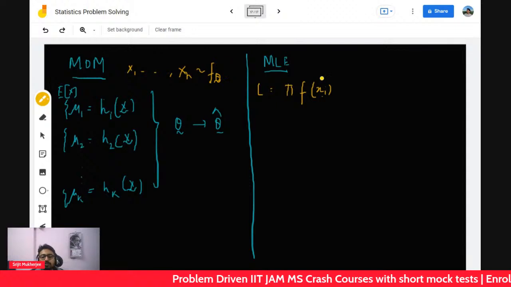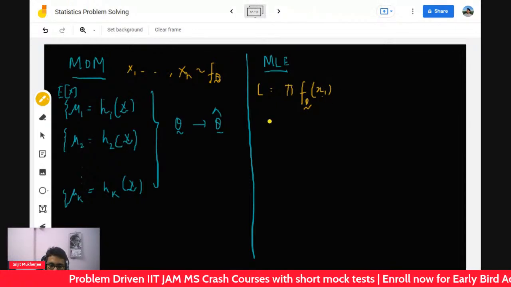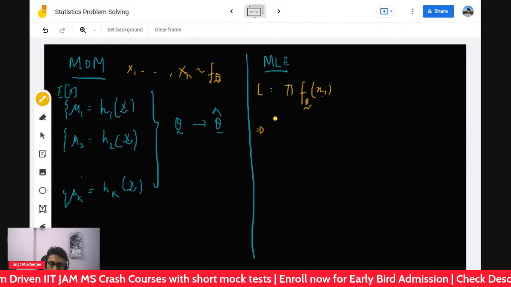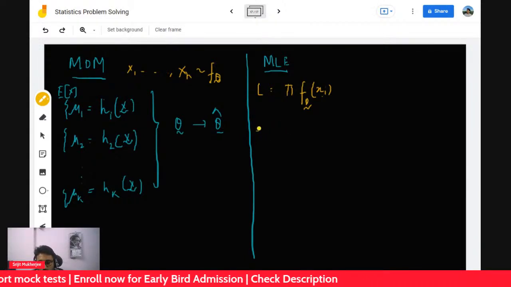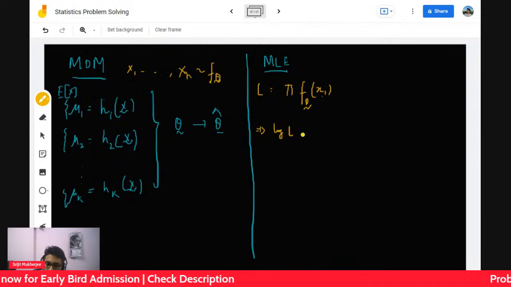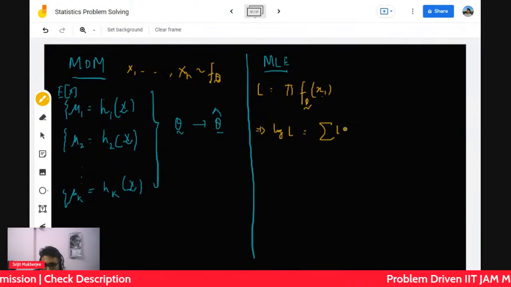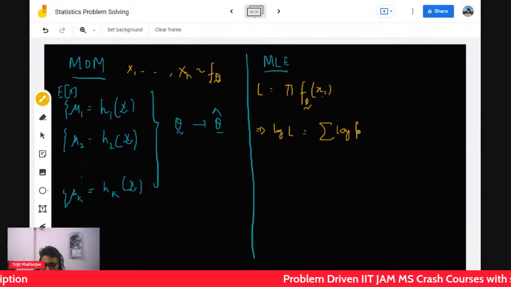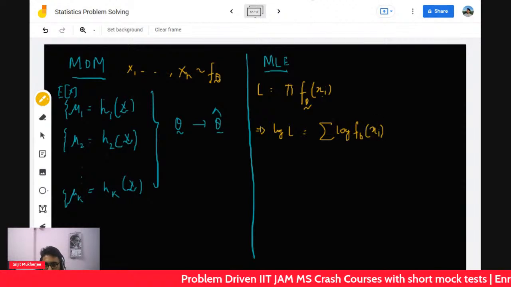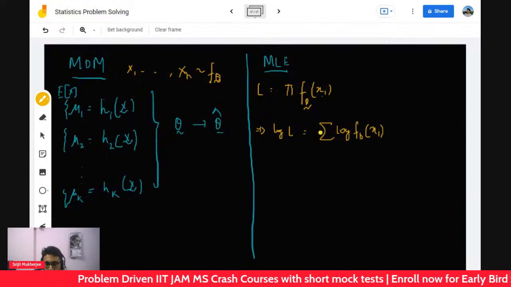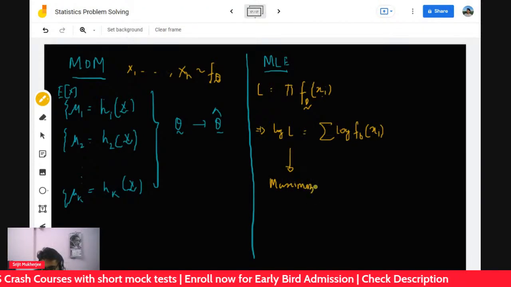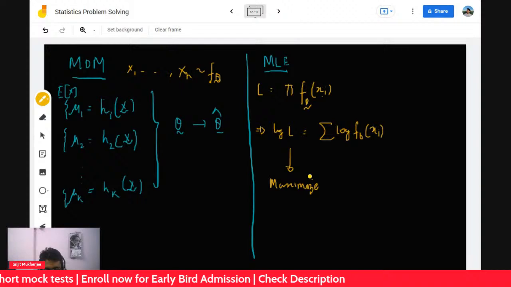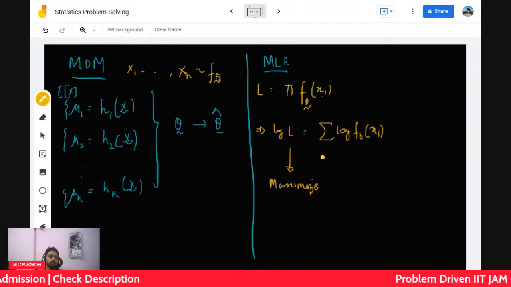Product of f's, and then we take the log likelihood, since we try to find the maximum. Log likelihood is the summation of log of f of xi given theta, right? And we maximize it, right?